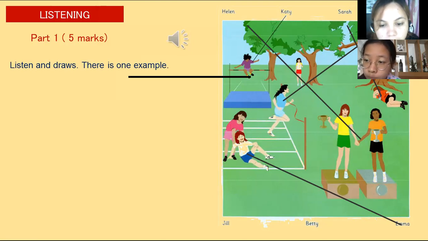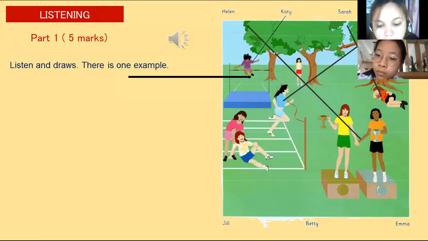Oh no! Someone in the race has fallen over. Oh yes, it's Emma. Is she okay? Yes, look, she's smiling. She's fine. Someone is helping the girl who's fallen over. Who is it? I think it's Betty. Yes, it is. She always helps people if she can. That is the end of part 1.